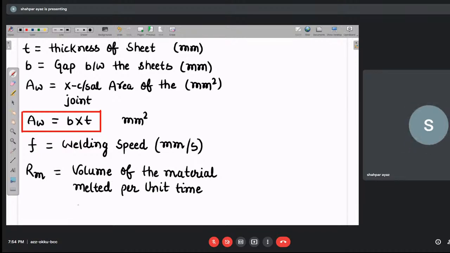Now, the volume of the material melted per unit time is the rate of melting, and it is also called the rate of welding.